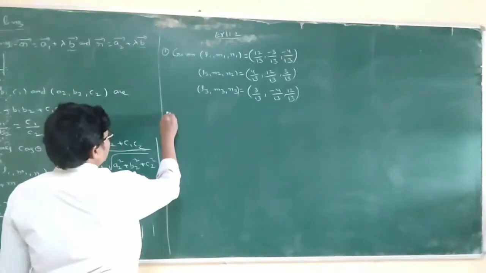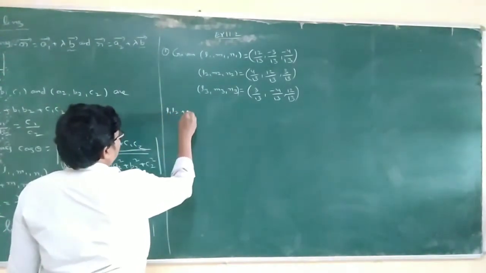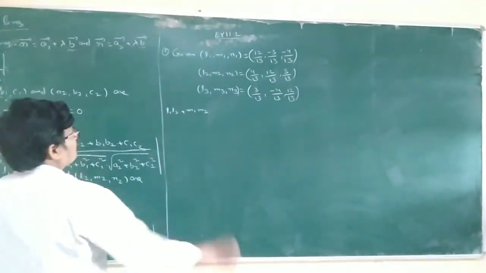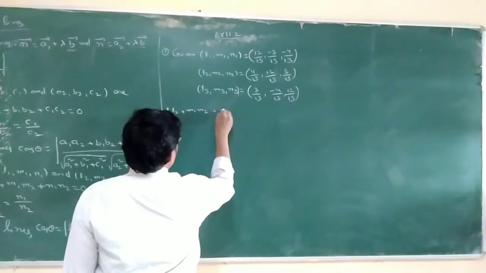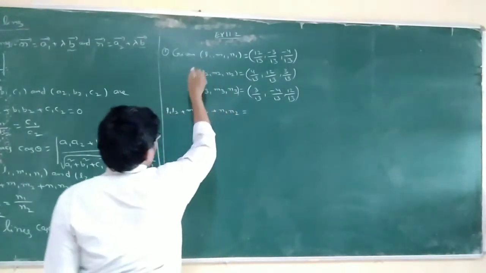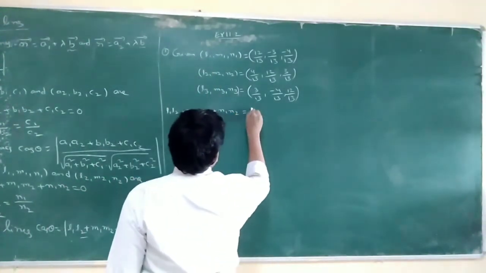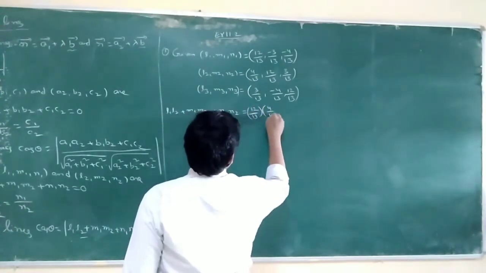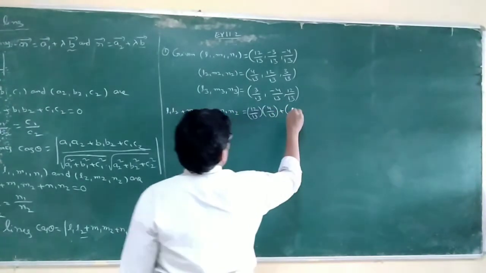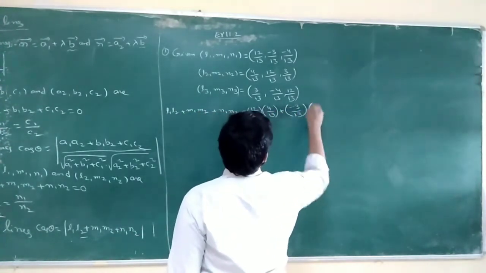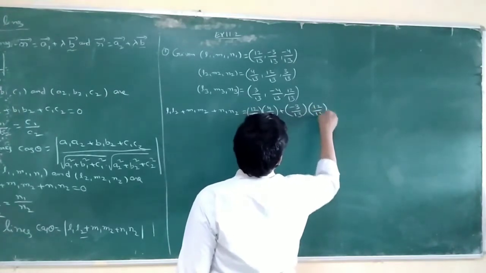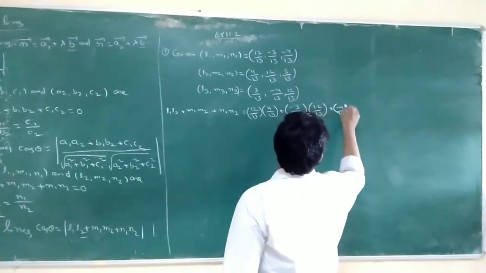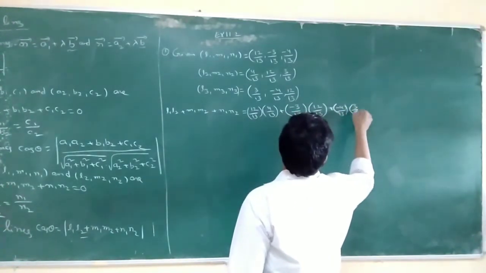So, first L1 L2 plus M1 M2 plus N1 N2, for the first two lines. L1 is 12 by 13 into L2, 4 by 13, plus minus 3 by 13 into 12 by 13, plus minus 4 by 13 into 3 by 13.